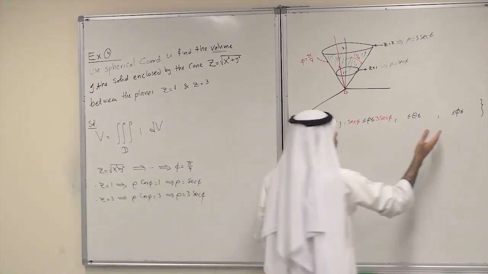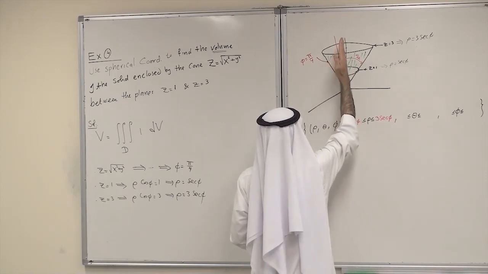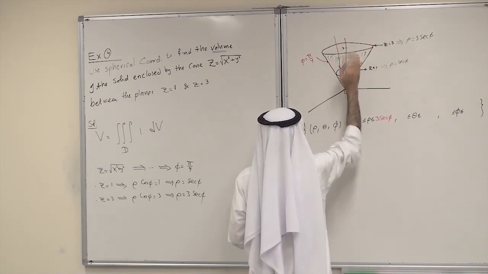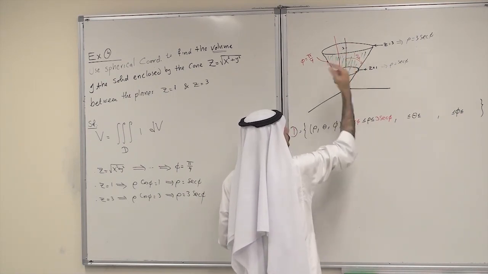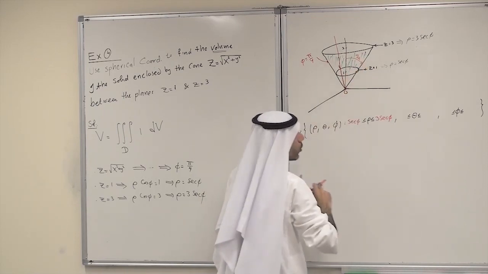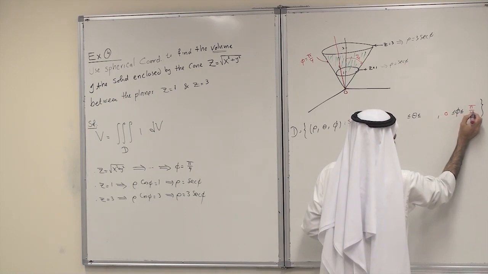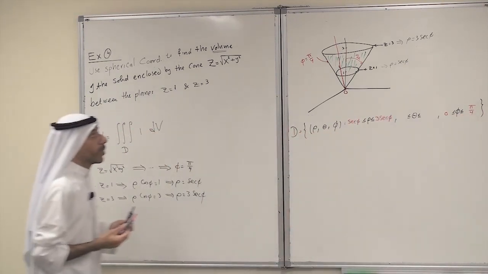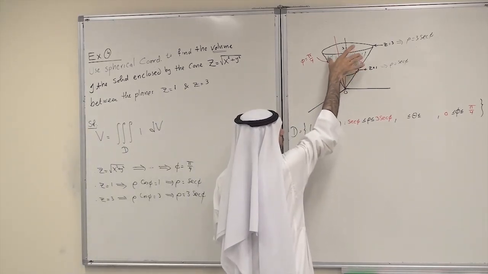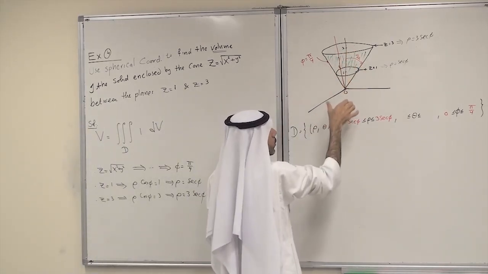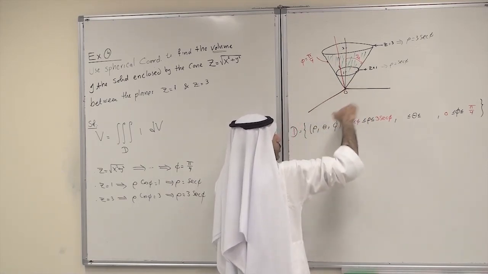For phi, you are inside the cone, and the cone is pi over 4. So from the positive z-axis to phi equals pi over 4, all angles are included. So phi is between 0 and pi over 4. What about theta? If you take a projection, it will be a full disk lying on the xy plane.